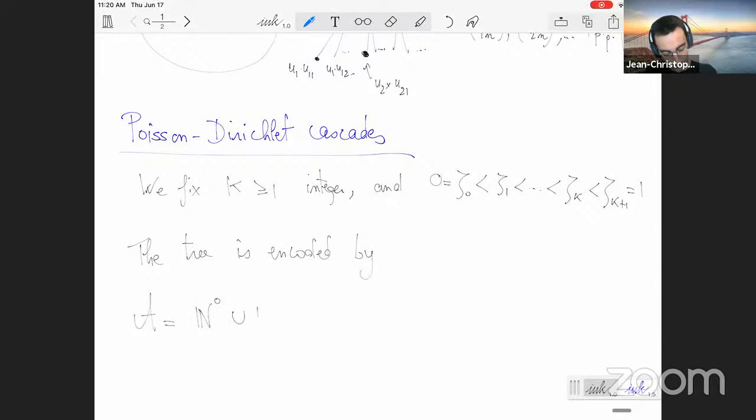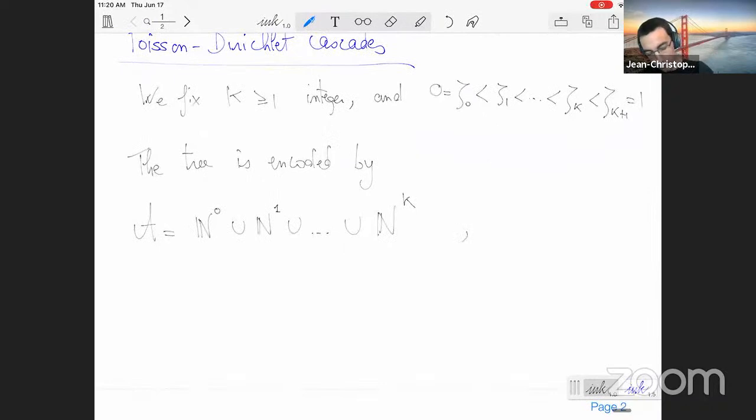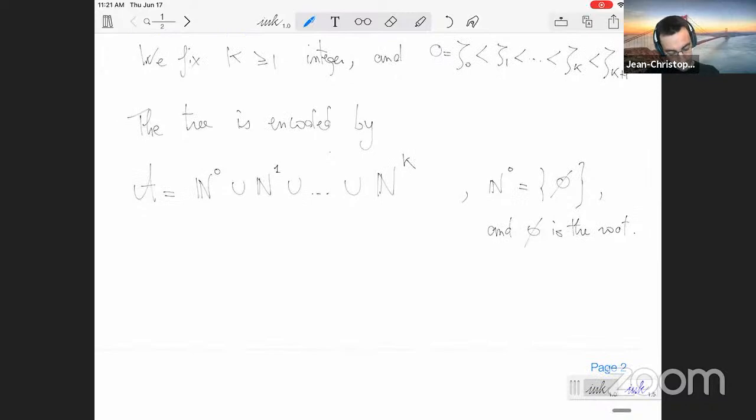So I'm going to denote N0. Okay, and N0 by definition is the set that contains the empty set. So this is the root of the tree. Does it make sense? So we go along this tree.